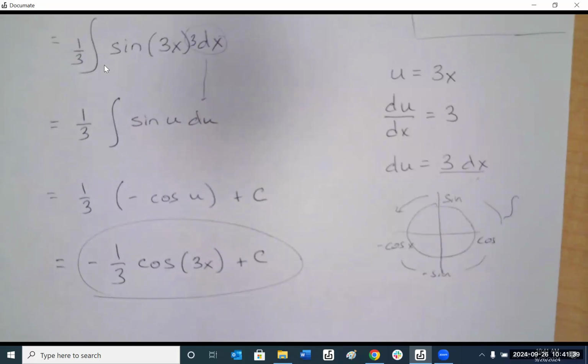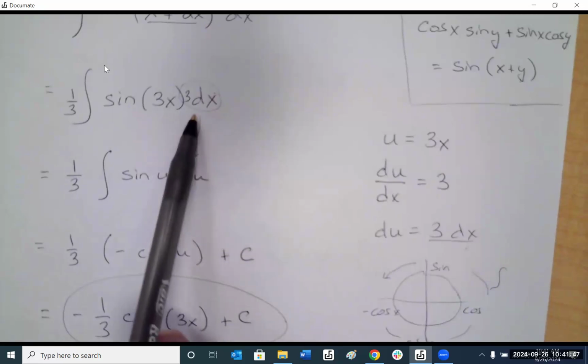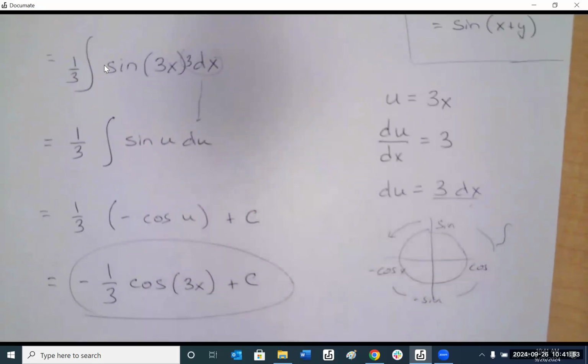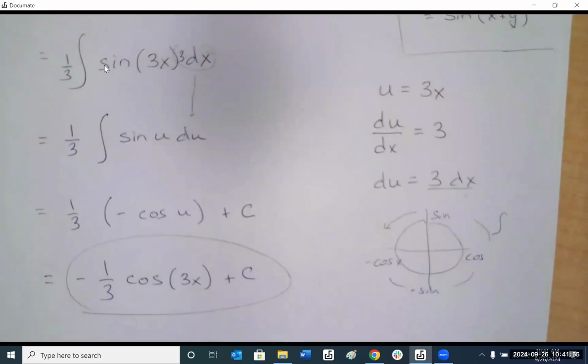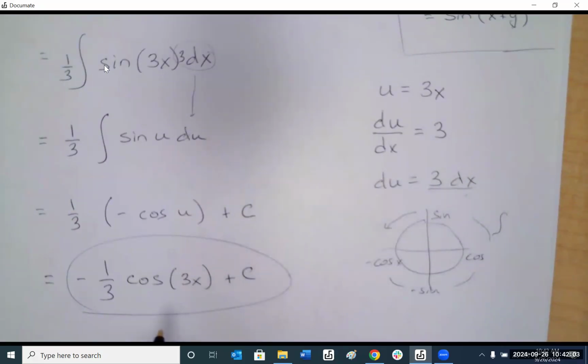With c? No, the c, if you multiply c by 1/3, it's just another c. It's a constant. Why is that not important? Because when we take a derivative, it disappears.